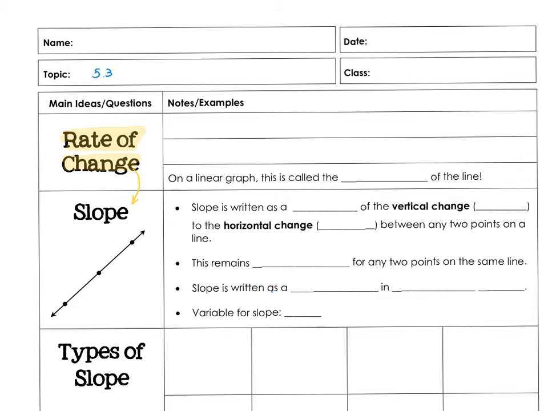So let's look at the definition of it first. Rate of change is a ratio. Remember, a ratio is also a fraction. So we're going to be dealing a lot with fractions.